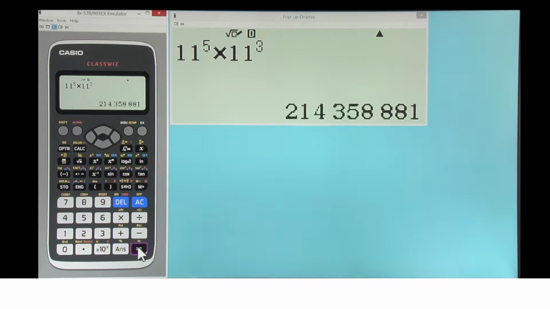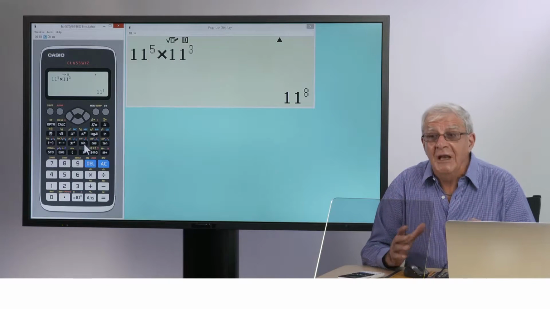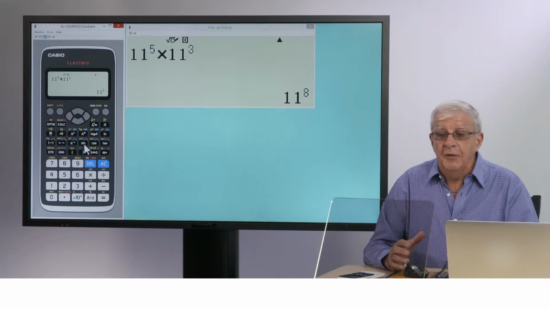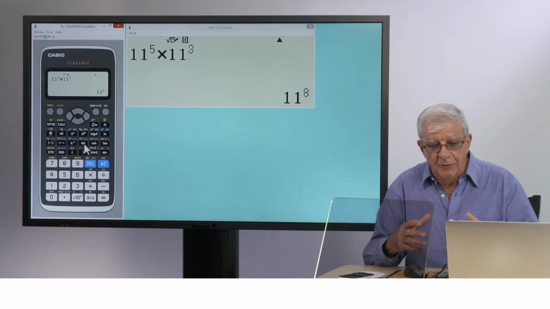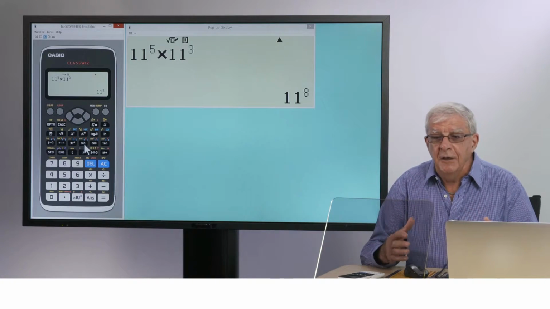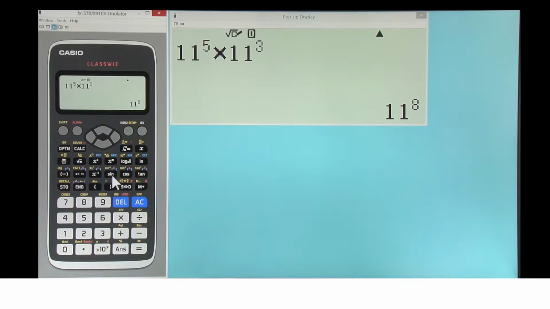And when they get the result on ClassWiz, it's a very large number, but we can use the factor key to see that in fact 11 to the power 5 by 11 to the power 3 is 11 to the power 8. So the ClassWiz can stimulate them to think about what's happening here and why is it happening.